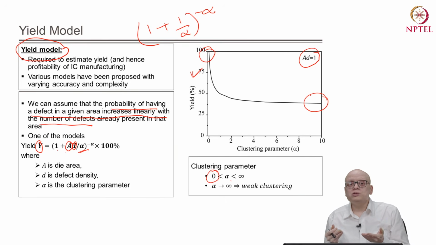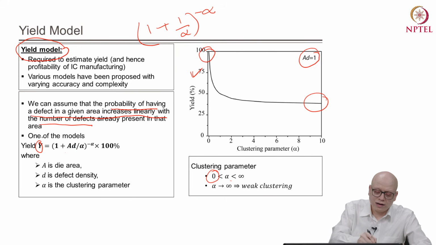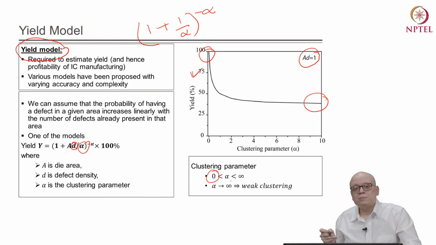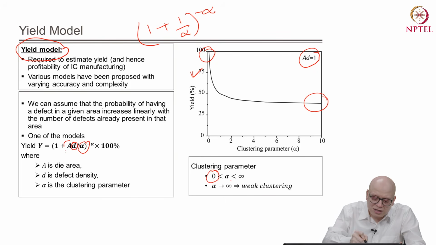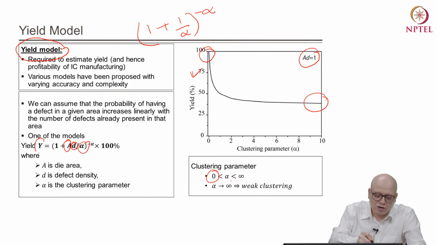Now, how can we use this formula or the yield model for arriving at the yield value for a given chip? Based on historical data, for a given technology, we can arrive at this number d, defect density, and the clustering parameter alpha by curve fitting. And once we have the parameters d and alpha, we can use our estimate of our chip area A, and then we get a yield out of it.